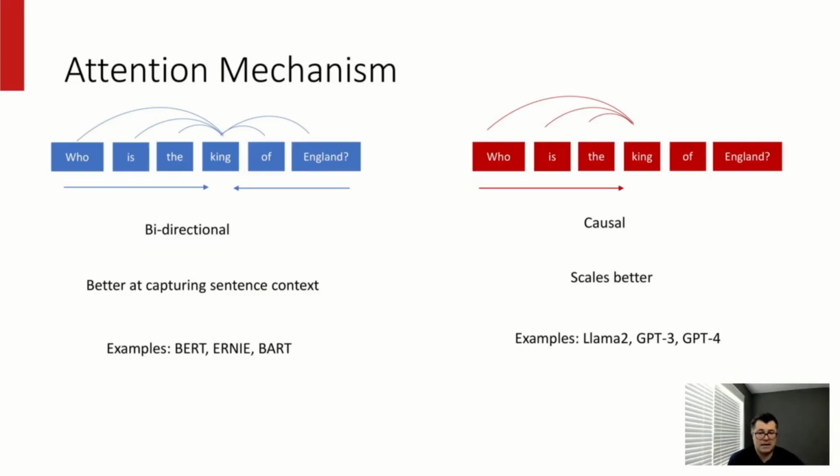It will not be relating it to the words after it. The reason for that is because this is a decoder-only model that generates things a word at a time. So you can't be relating things to something that's in the future and that has not been generated yet. So that's by design. And the reason that it is simplified like this and that you only have the decoder is what makes GPT type architectures, these decoder-only architectures with the causal attention mechanism, more scalable.